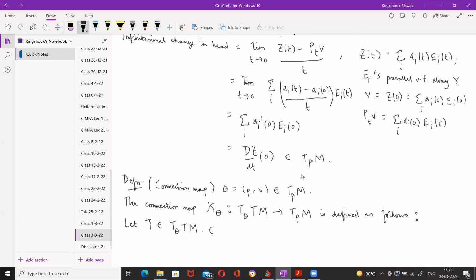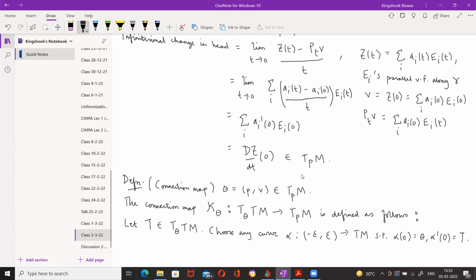So then you choose any curve alpha from minus epsilon to epsilon to Tm such that alpha 0 is theta and alpha prime 0 is xi.